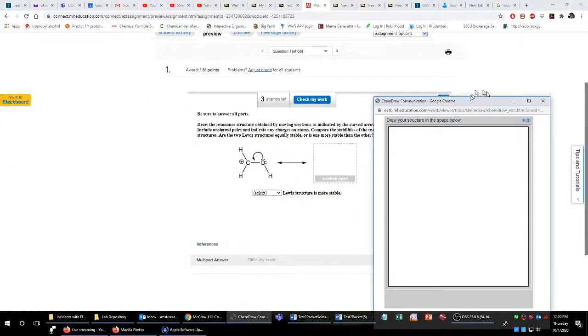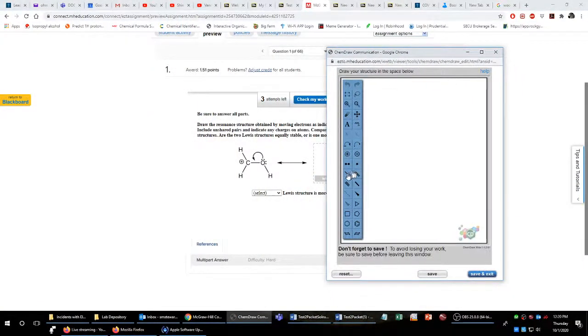So if we look at the structure on the first homework question, I draw the structure.